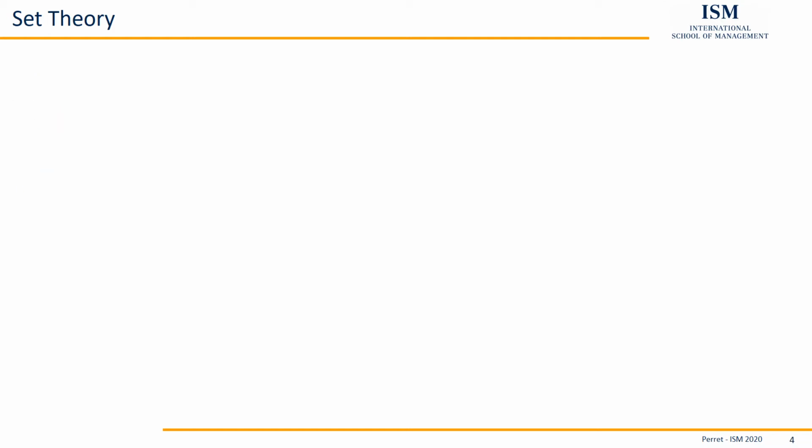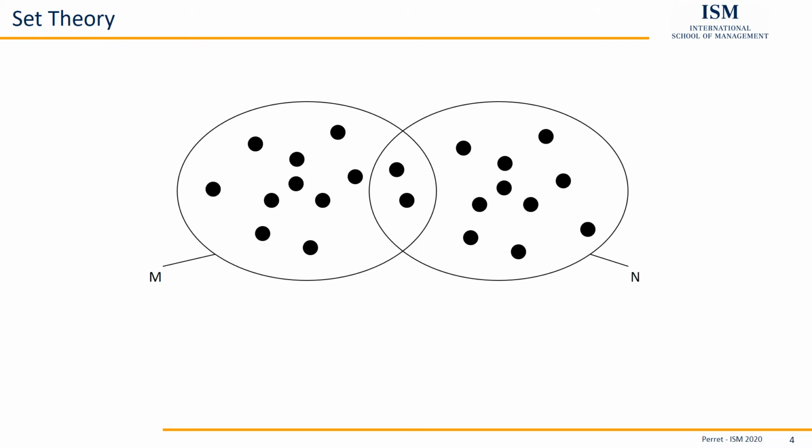And for this next idea, we first consider two different sets, the set M and the set N. Each of them have different objects. And we see in the middle, there are two objects which are part of M and of N. And if we consider this area here, those two objects, that's basically where the sets N and M intersect.